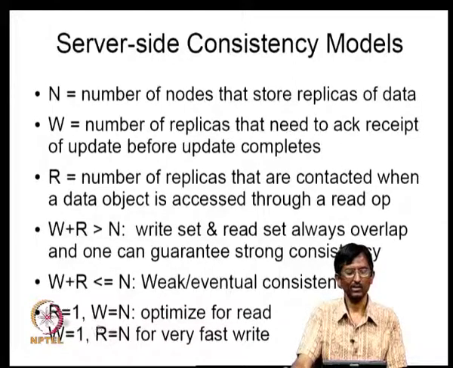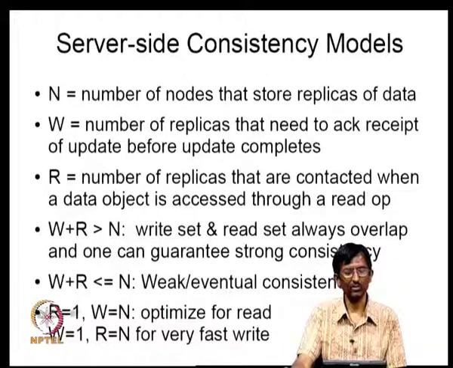So typically in web kind of applications, this is the typical situation. That's the reason why you will notice that in the case of GFS, anytime anything is written, you have to get acks from all the secondaries. Then only the master proceeds, otherwise it doesn't proceed.